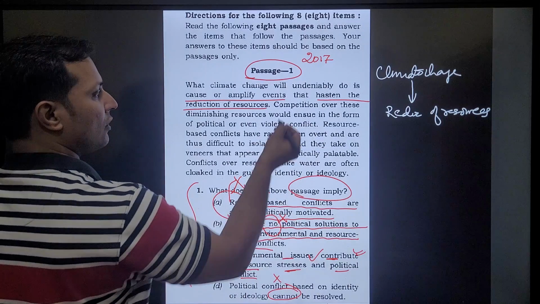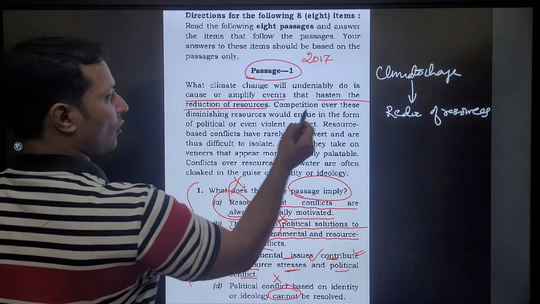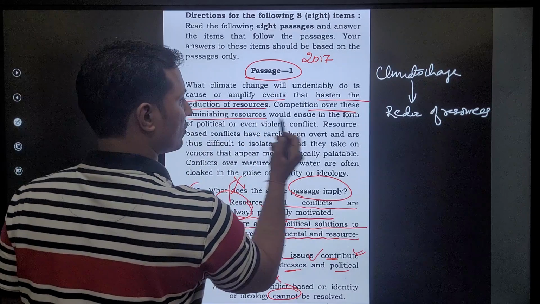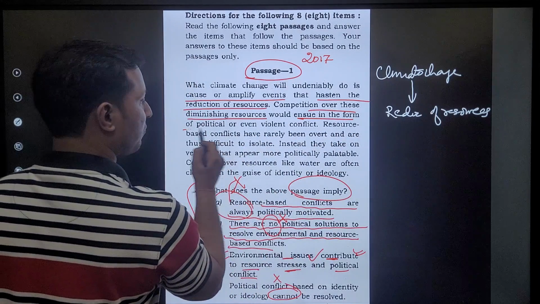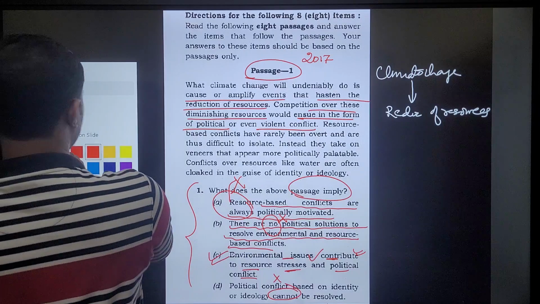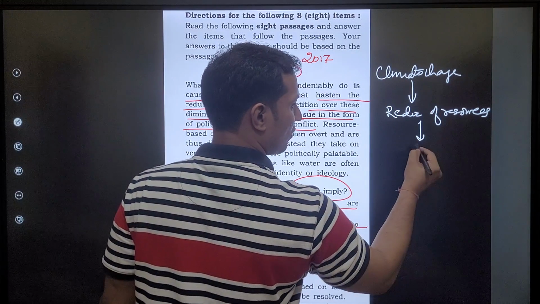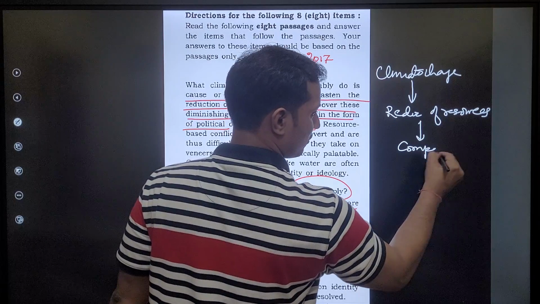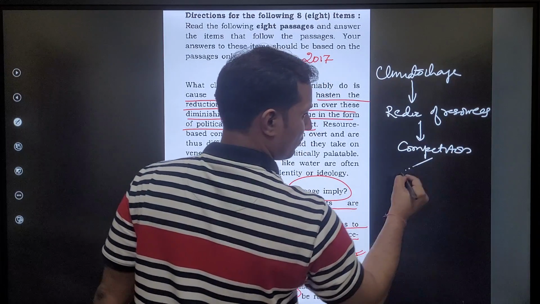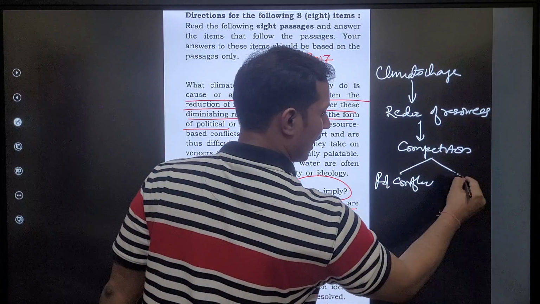Next sentence says that competition over these diminishing resources would ensue in the form of political or even violent conflict. It says that when the resource reduces, it leads to what? Competition. And competition leads to political conflict and violence.